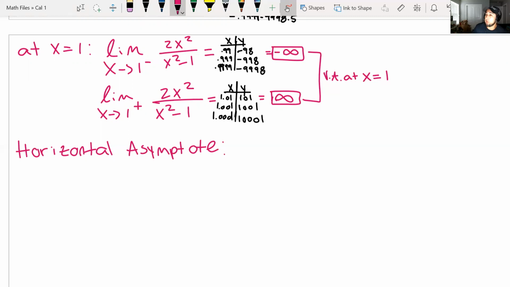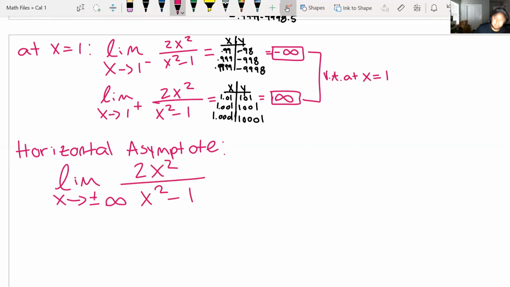Remember, to find horizontal asymptotes, we look at limits at infinity. So I would say the limit as x approaches positive or negative infinity of 2x squared over x squared minus 1.